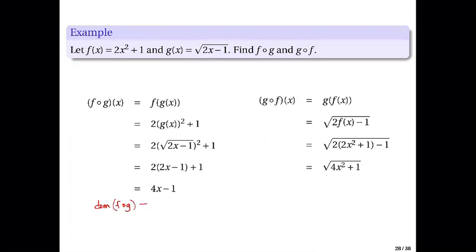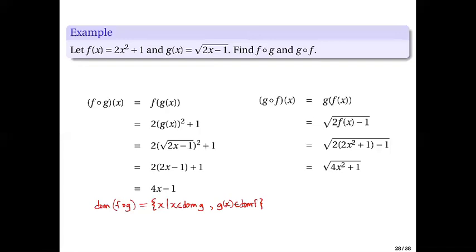So again, this is the set of all x such that your x must be in the domain of g, and that your g of x must be in the domain of f.